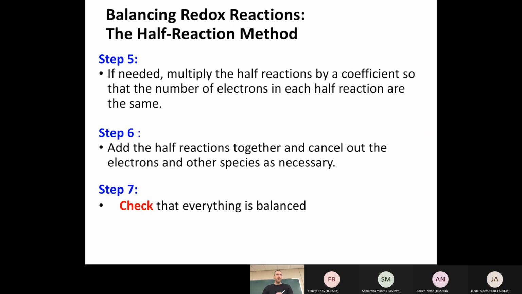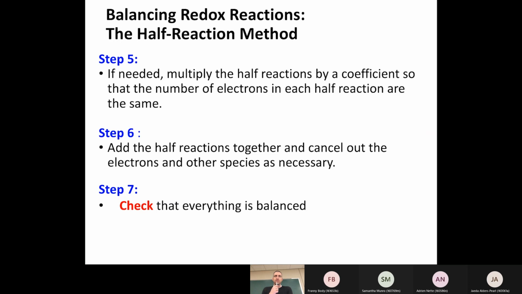Then what we eventually want to do is recombine these half reactions, and that's done by adding them together, but you can only add them together if they have the same number of electrons transferred in each half reaction. So what you might have to do is multiply one or both half reactions by some constant. So you multiply everything through by some factor until you have the same number of electrons on both sides.